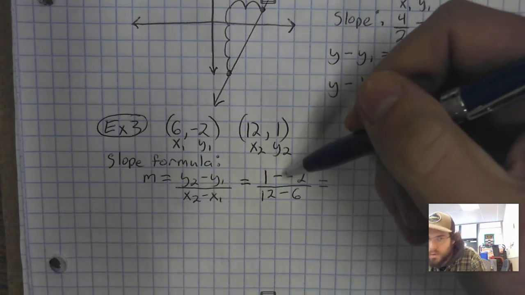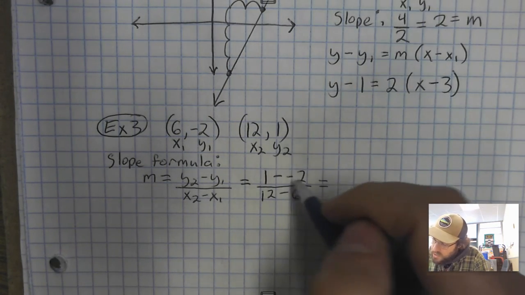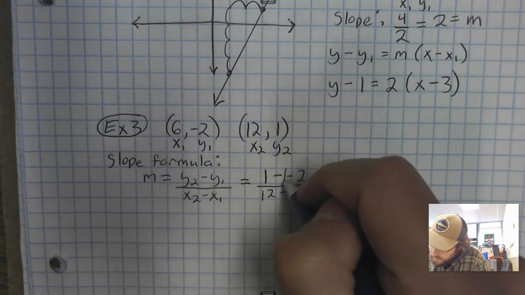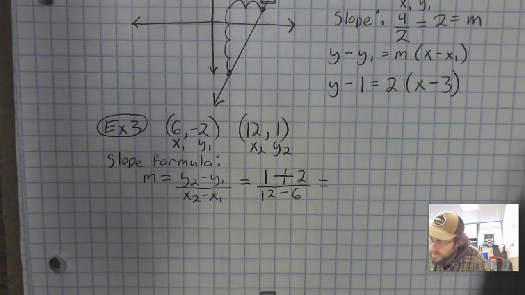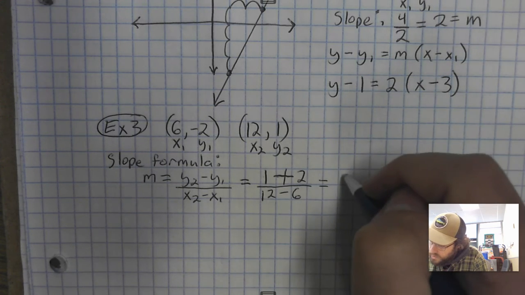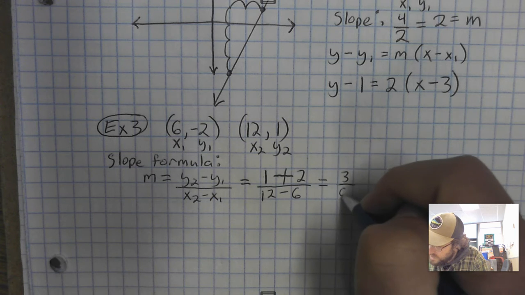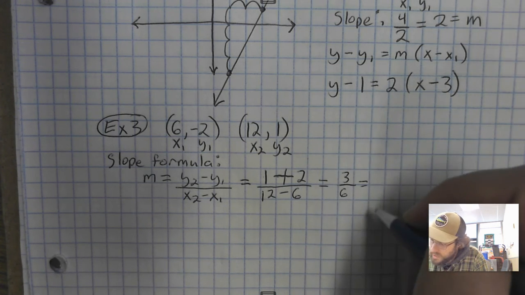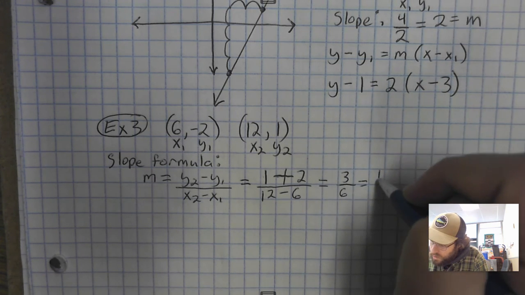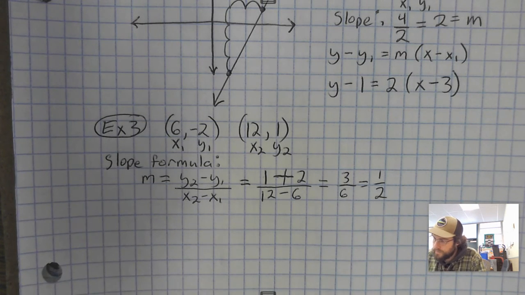All right, I've got two minuses, minus, minus. What I always do when I see two negatives next to each other like that is I just plus it up. Subtracting negativity is a positive. So now I've got 1 plus 2 is 3, over 12 minus 6 is 6. 3 over 6 simplifies to 1/2. All right, I've got my m.